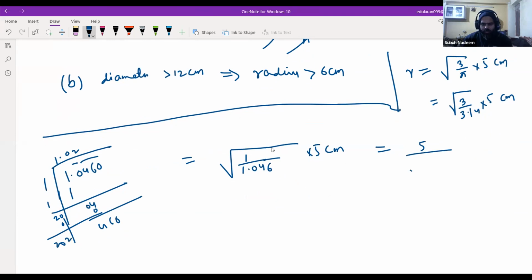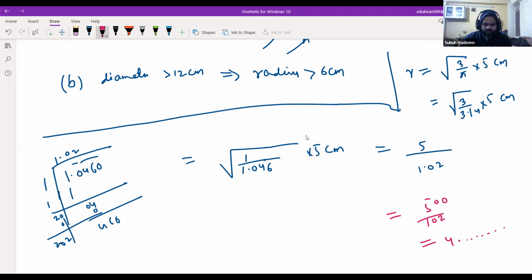So 5 by root over 1.02, that is the square root of this is 1.02. Now if you divide 5 by root 1.02, you will get 500 by 102, which is 4 point something.